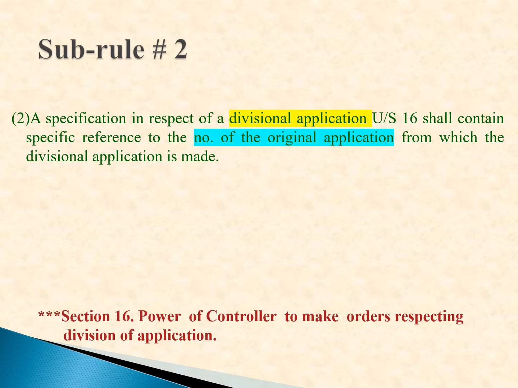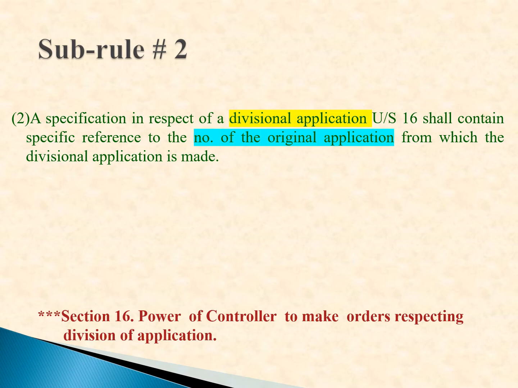So subrule 2 says a specification in respect of a divisional application. As per section 16, where divisional applications are mentioned, there are some specifications, right? So the specification of a divisional application itself must contain a specific reference to the number of the original application, that means the patent application number of the original application from which the divisional application is made.